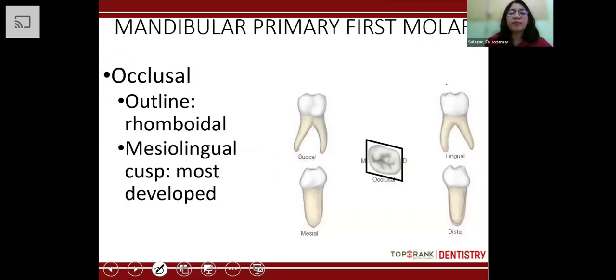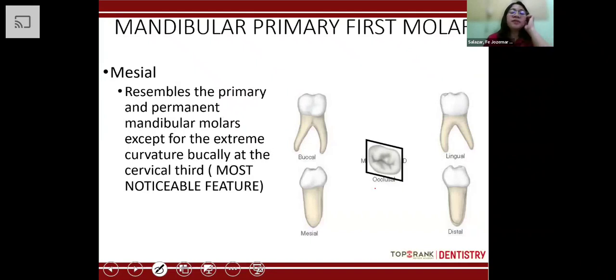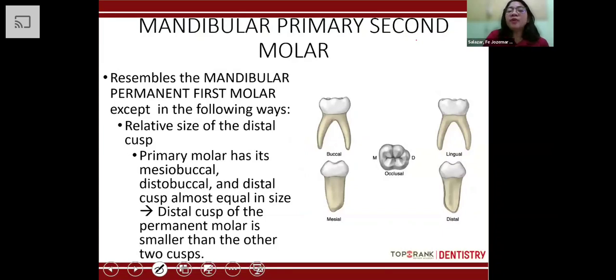Occlusal outline is rhomboidal. Okay, the mesiolingual cusp is the most developed cusp. From the mesial, it will resemble the primary and permanent mandibular molars, but it has an extreme curvature on the cervical third, which is the most noticeable feature of this tooth. Okay, second molar, again, it will resemble the permanent first molar.